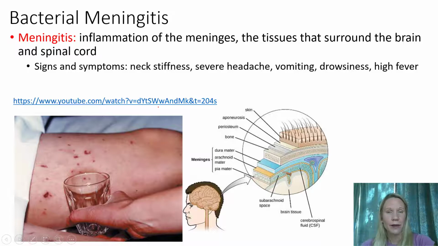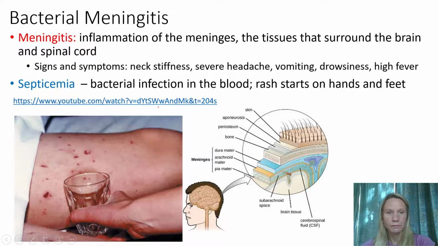And for Neisseria meningitidis, in particular, because it's gram negative, it can release endotoxin that causes that DIC condition. So we get septicemia, very characteristic purple rash.